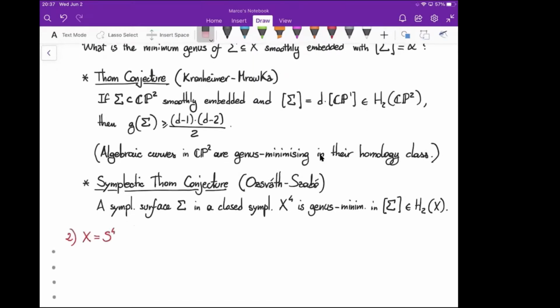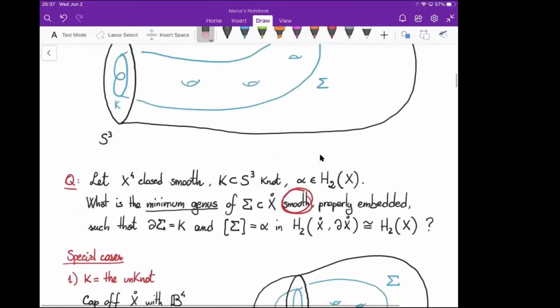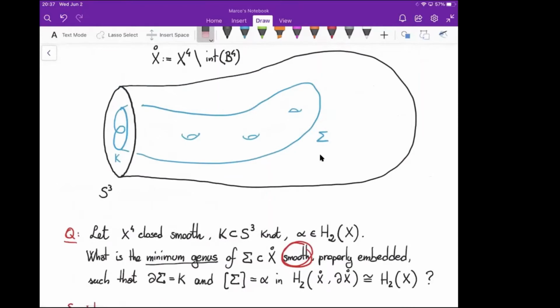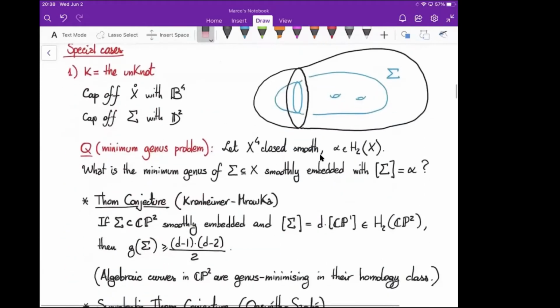Then the second special case of the question. The main question is, let's consider a surface embedded in a four-manifold with boundary S3, and let's try to find the minimum genus in its homology class, given that the boundary is a prescribed knot. We tried the special case when K is the easiest possible knot, the unknot. Now let's try the case when X is the easiest possible four-manifold, and that's S4.